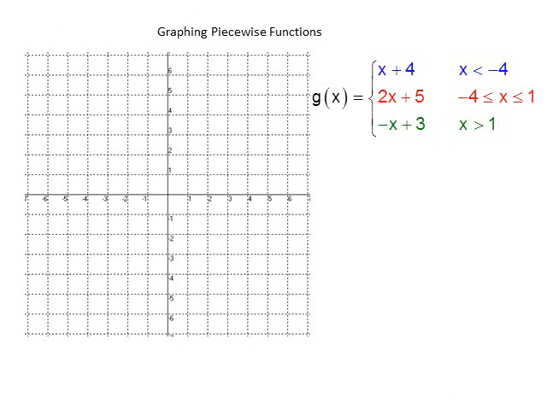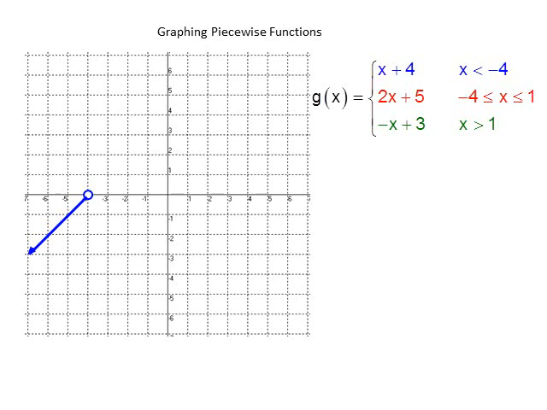Another example: here I have x plus 4 when x is less than negative 4, 2x plus 5 when x is between negative 4 and 1, and negative x plus 3 when x is greater than 1. The three functions are linear, so I draw each line in its interval. First, for x less than negative 4, draw the first line, x plus 4.